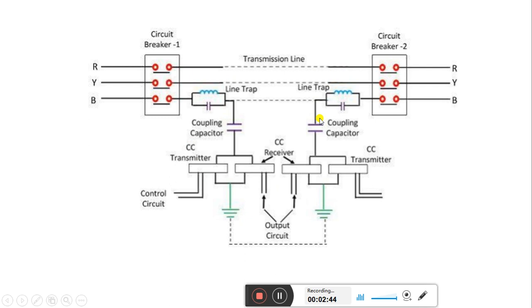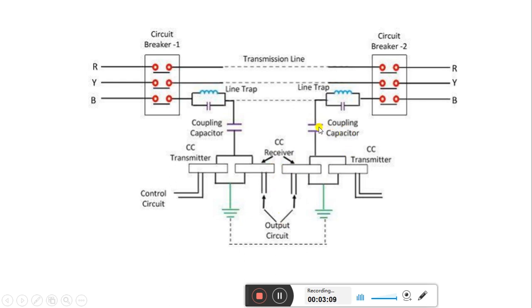In this diagram we see that various components have been incorporated: there is a line trap, a coupling capacitor, a transmitter, and further a control circuit. Here also there are two receiver blocks, from which the output circuit is connected.